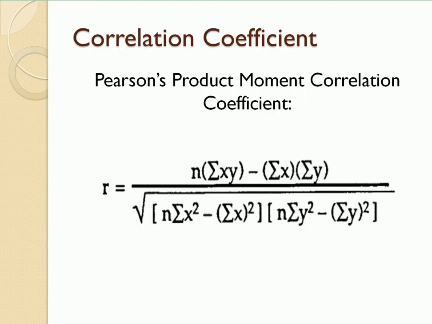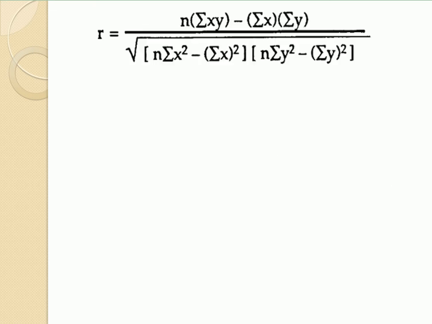This is the formula used to calculate the Pearson's product moment correlation coefficient. Now, at first glance, it appears to be the girlfriend from hell, but upon closer inspection, it is actually very simple to calculate. Let's examine the formula a bit closer, and I will use an example to demonstrate.